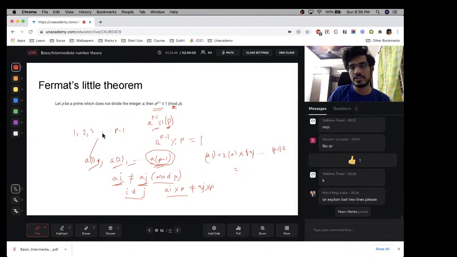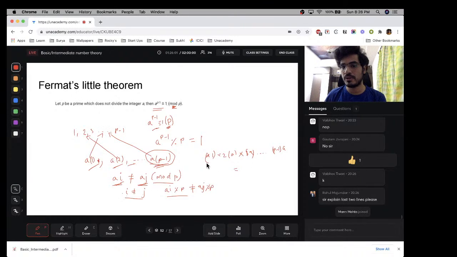Maybe this is equal to 4, this is equal to 2, this is equal to 7, like that. Each number corresponds to one distinct number between 1 and p minus 1. So this will be equal to 1 2 3 so on up to p minus 1 mod p.